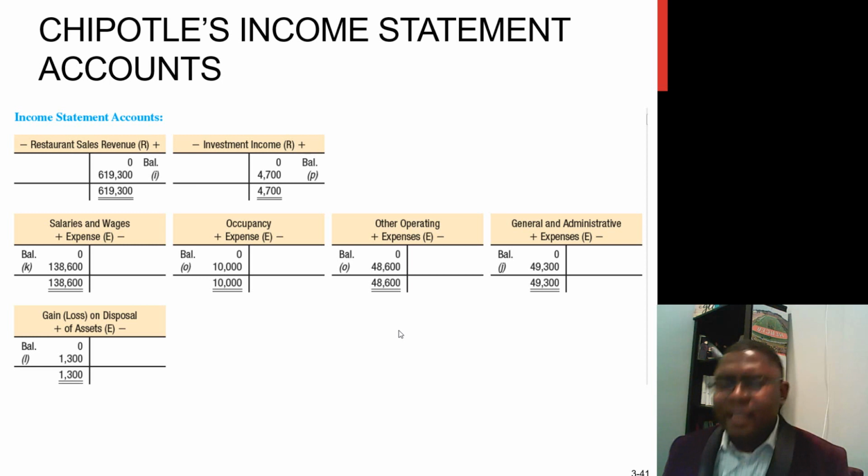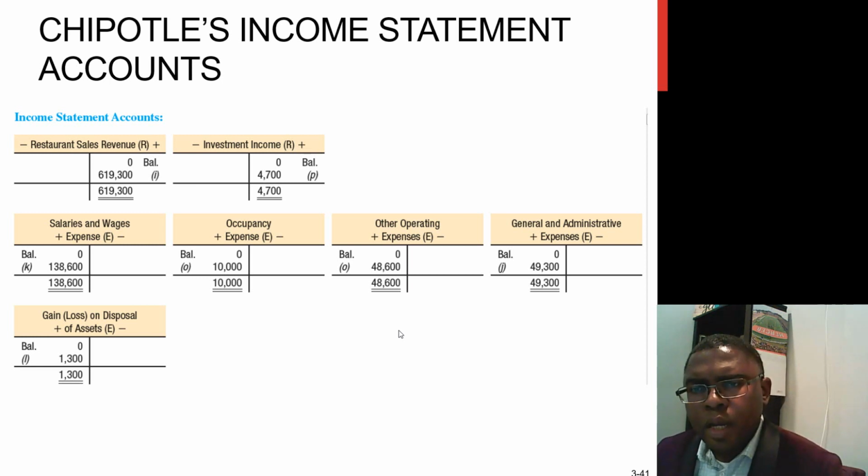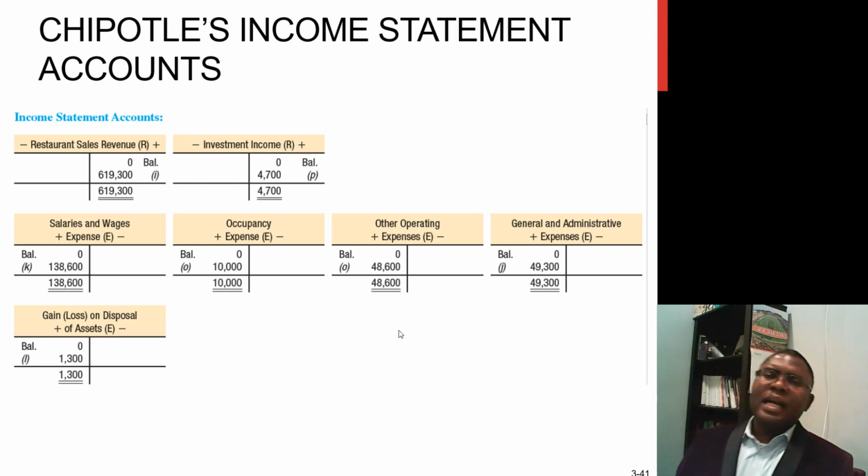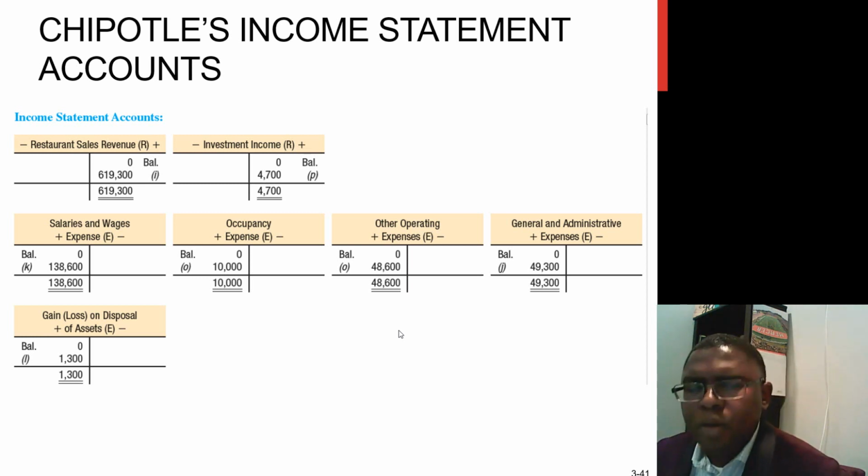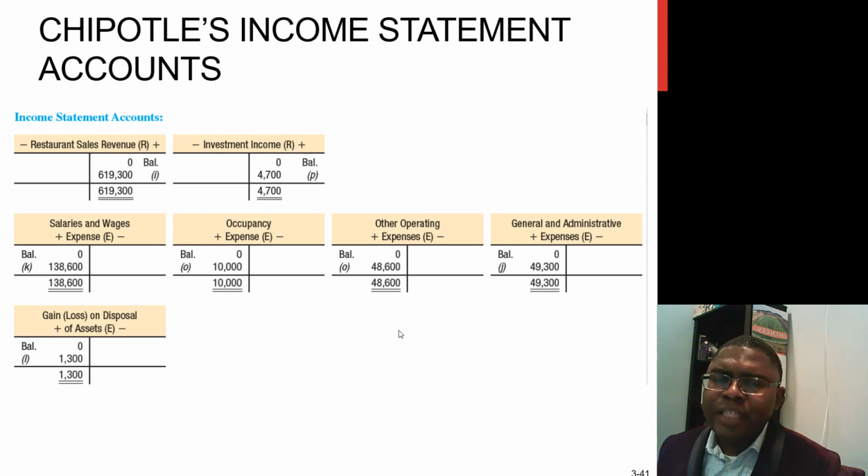So the whole idea in this chapter is to be able to recognize operating decisions. When the company makes operating decisions, we see how those are posted on the T account, and they are posted on the T account from the journal entry. So the original transactions find themselves on the journal entry, and then from the journal entry they are posted on the general ledger.